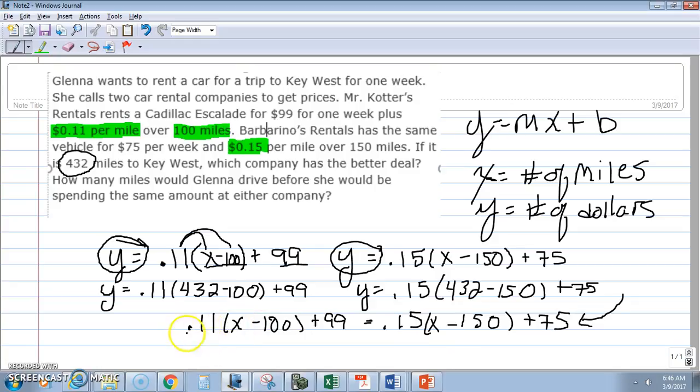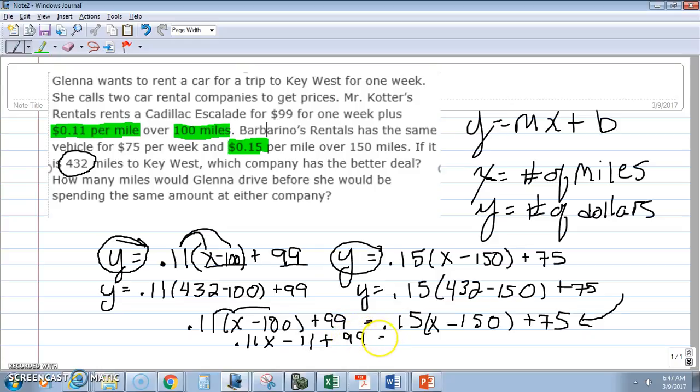I can get you started on that because the first thing you're going to do is distribute. So you have 0.11x minus, because it's positive 0.11 and a negative 100, minus 11. And I can do that in my head because if I multiply by 100, I just move the decimal 2 places to the right.